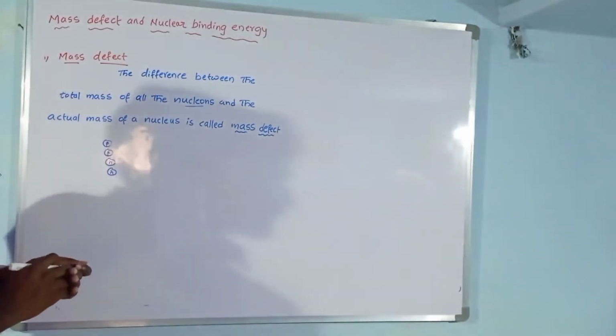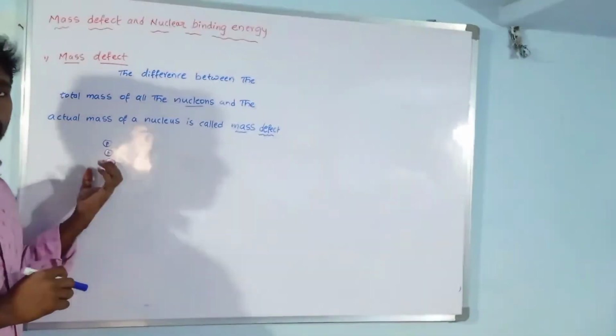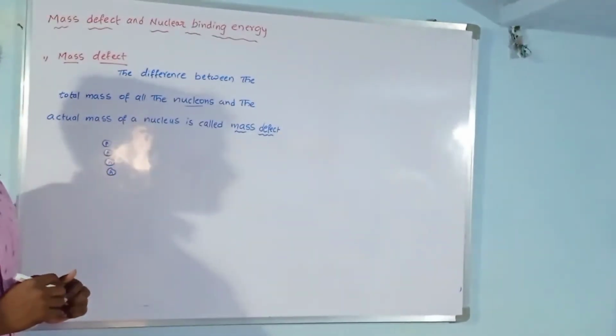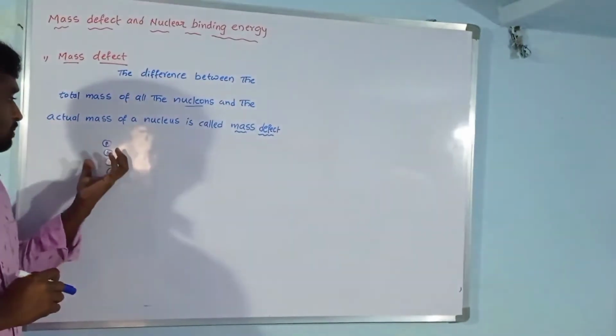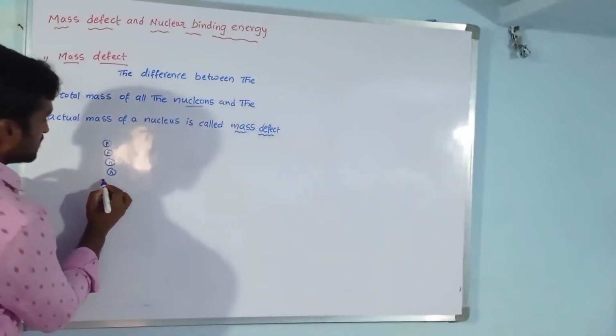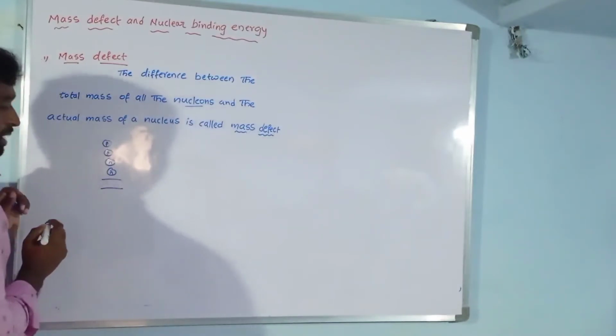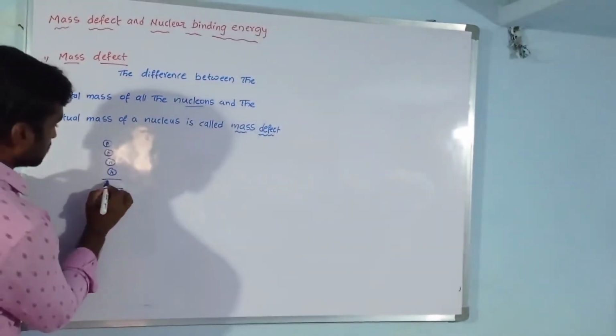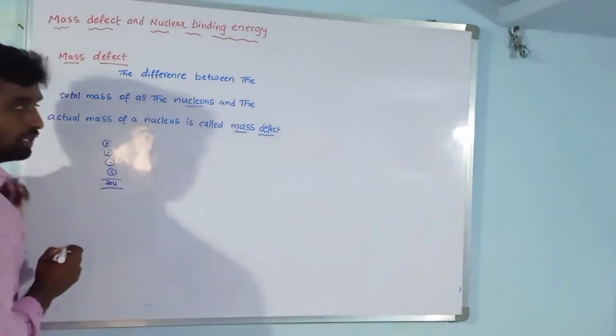So these are the nucleons. When we take the mass of the nucleons individually, the sum of the masses of the nucleons individually, suppose if we measured all these masses, suppose the value of this mass is 20 units.